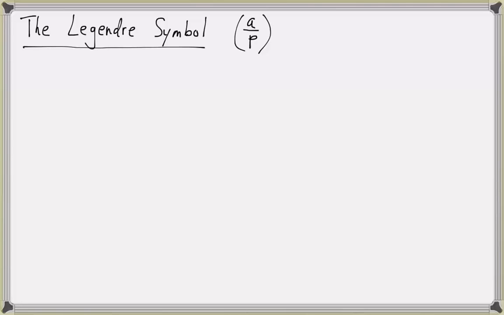So the Legendre symbol, A over P, for an odd prime P, is defined as follows.